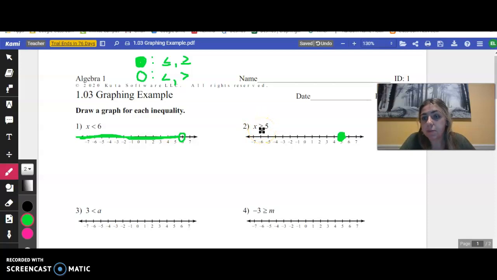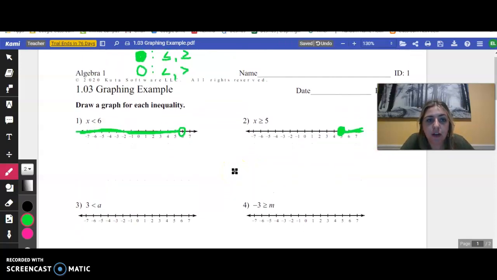So think about all the numbers that are greater than or equal to 5: 6, 7, 8, right? But also you can think x is to the right of this. And so you want to shade to the right of 5, and I shaded all the way to the end. So that's how we do those two.